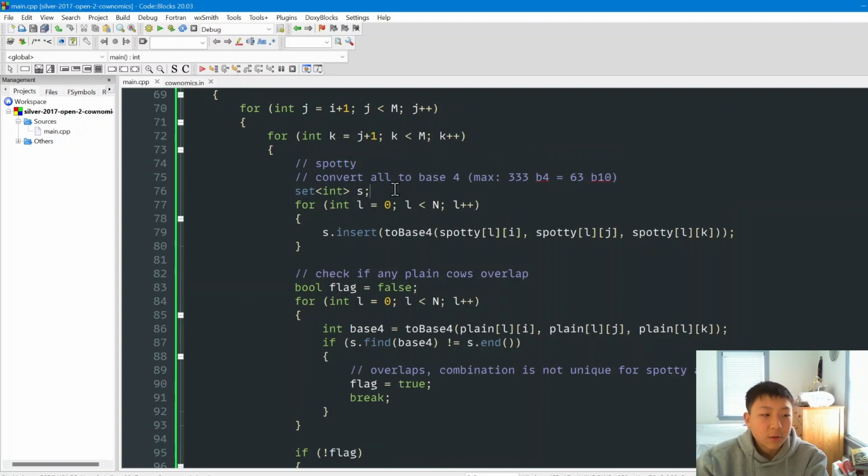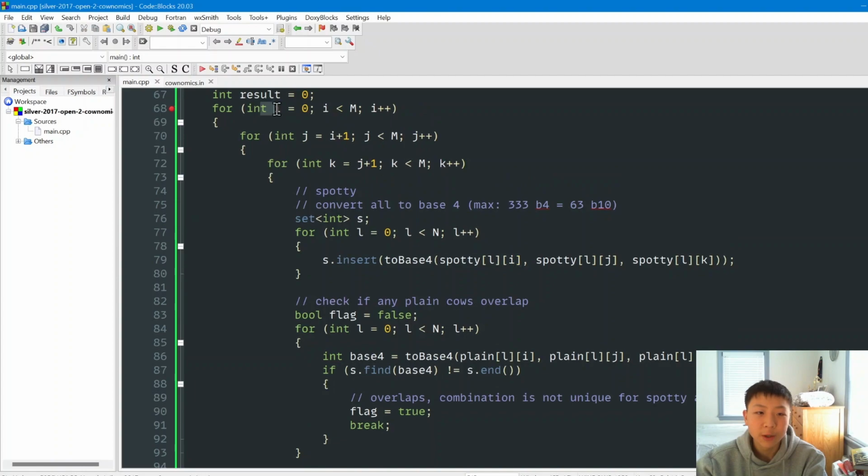So inside the loop, we're going to first do spotty as we've said before. We're going to add it into a set first. And so we're just going to have another for loop, l from 0 to n. And inside the loop, we're just going to insert the base 4 of spotty l, which just means the lth cow that we're looking at, with i, j, k, which is one of the combinations we came up with over here.